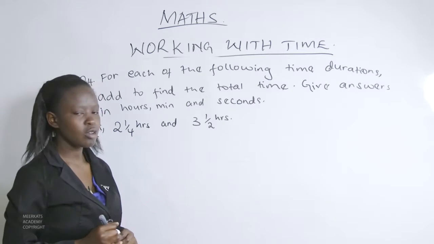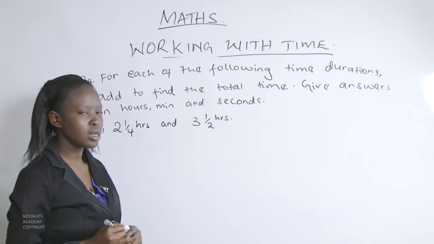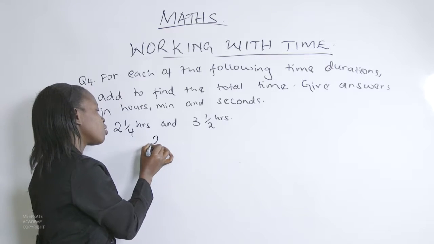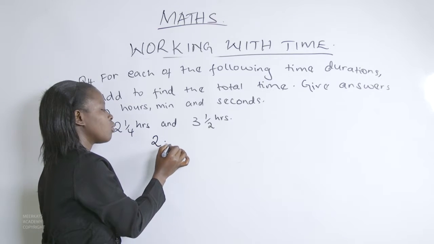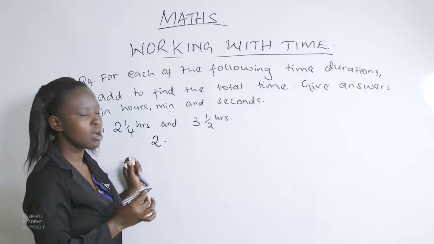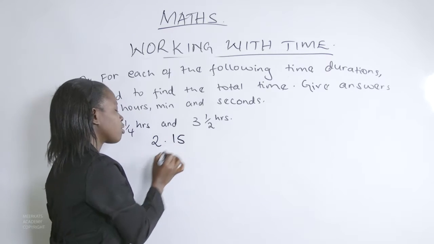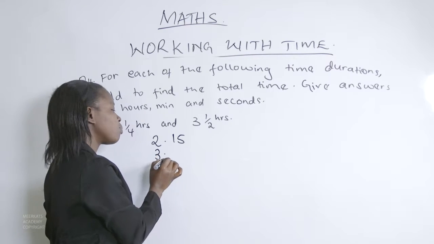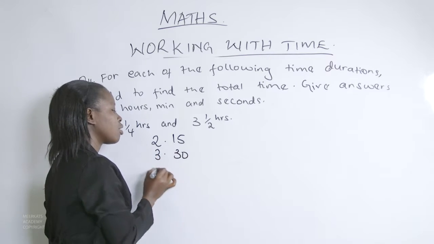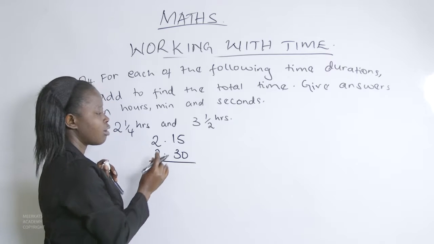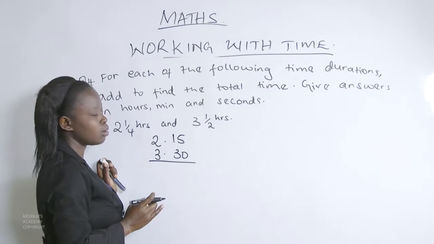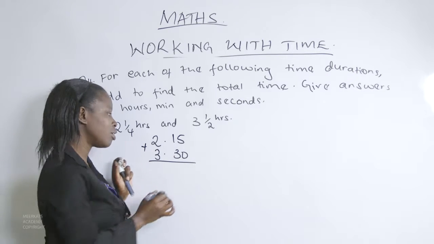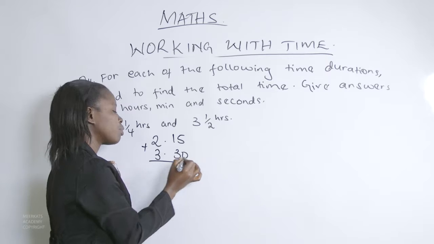So what is the total time between 2.25 hours and 3.5 hours? 0.25, a quarter of an hour, is 15 minutes. Then 0.5, a half of an hour, is simply 30 minutes. So when we add, we have 15 minutes plus 30 minutes, which is 45 minutes.